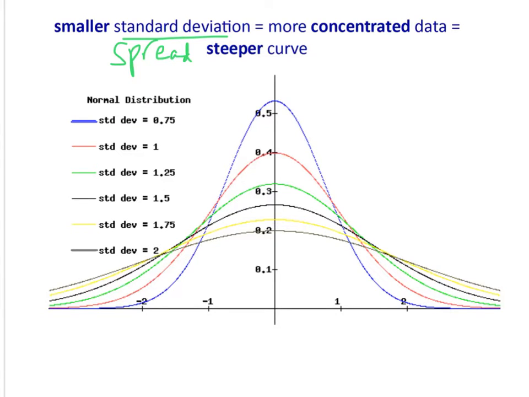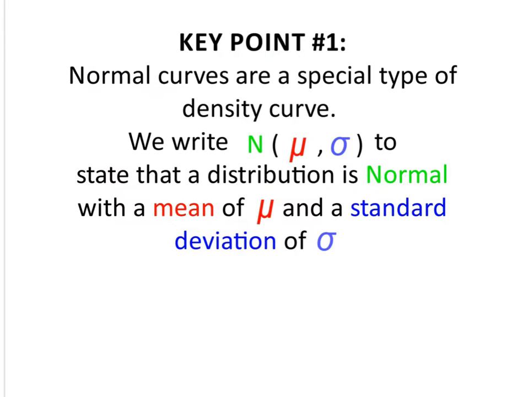But if I have a very large standard deviation, or my data is more spread, it has a wider range, I'm going to be more like this gray curve that just kind of goes up a little bit and then comes back down. So the smaller the standard deviation, the steeper the curve, and the more concentrated your data is.